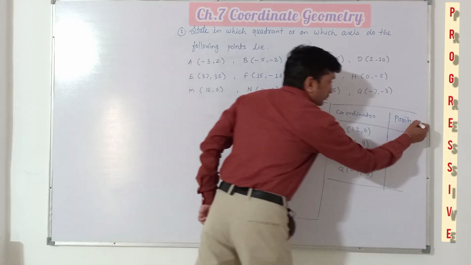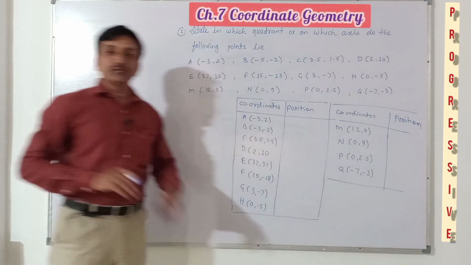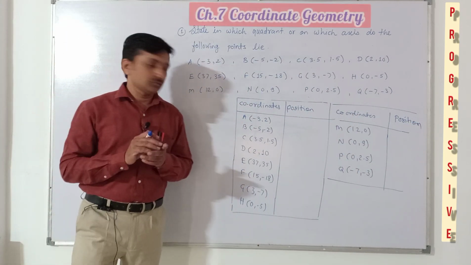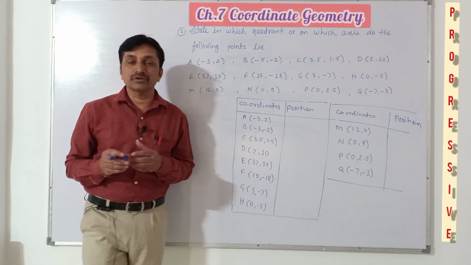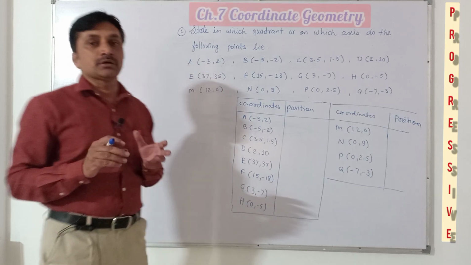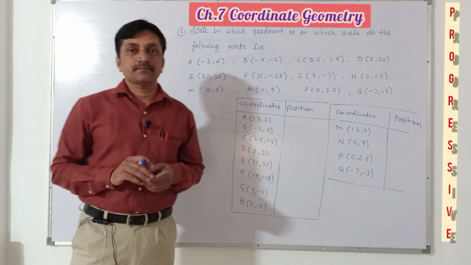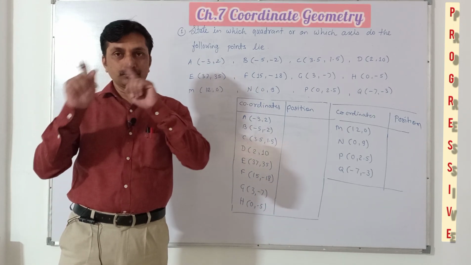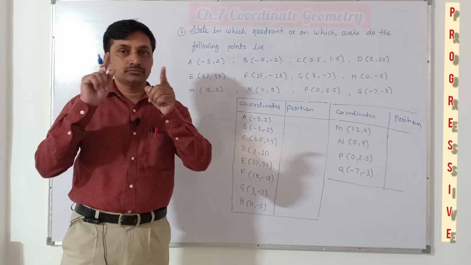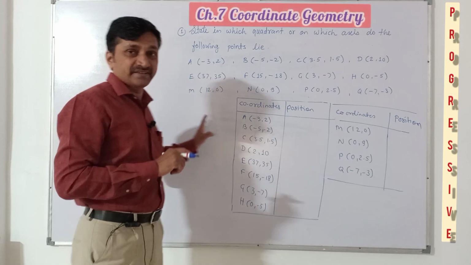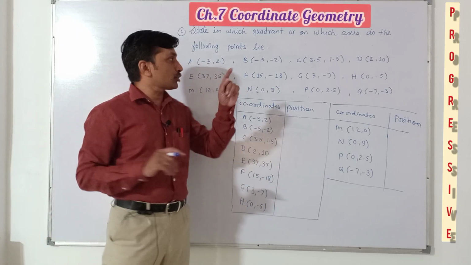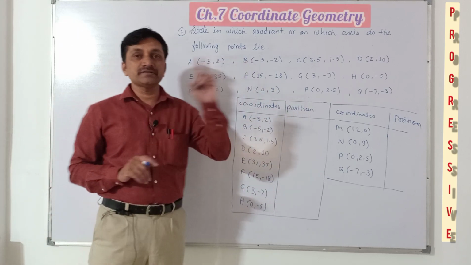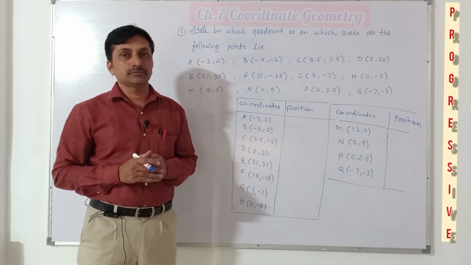Now if you know their position, there is no need to see what the coordinates are. Just see their signs, positive or negative. As I explained earlier, if both coordinates are positive, it lies in the first quadrant.